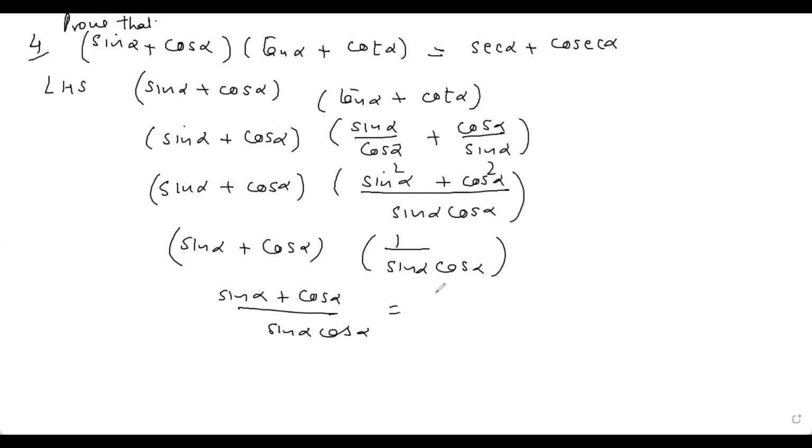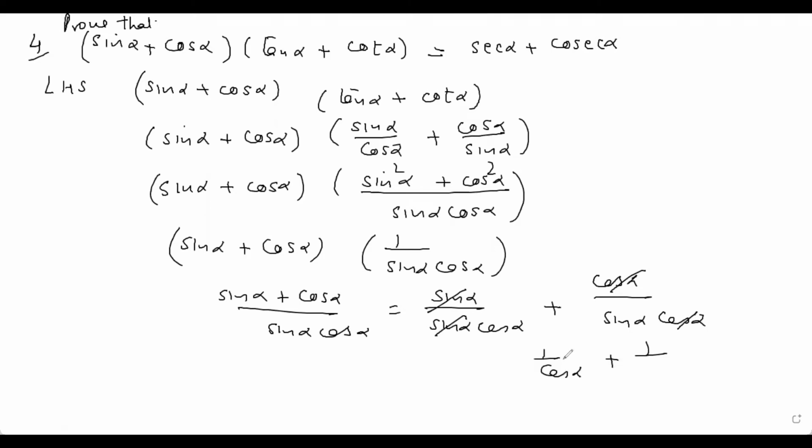This is equal to sin alpha upon sin alpha cos alpha plus cos alpha upon sin alpha cos alpha. Now this and this is cancelled, this and this is cancelled. I'll have 1 over cos alpha plus 1 over sin alpha, that is sec alpha plus cosec alpha.